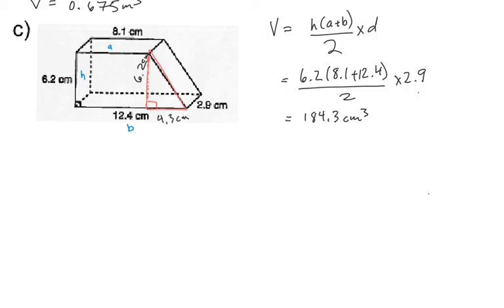Now we'll apply the Pythagoras rule on this portion of the triangle to find the hypotenuse. So we have x squared equals 6.2 squared plus 4.3 squared, which is equal to 56.93. So that means x squared is that. So now to get x by itself, we take the square root of 56.93 to get 7.5 centimeters.